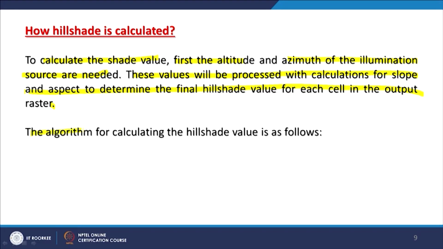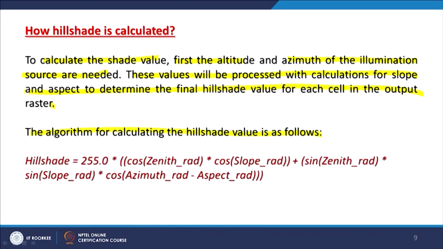And the algorithm for calculating the hillshade value, which we have also touched on a little bit, has 255 here, because we are keeping the range between 0 to 255, and cos zenith radian, that is the angle in radians, we will discuss a little later what that is, and then multiply by cos slope radian, that is the value of the slope degree, and of course the zenith, and the sin zenith with aspect, and then cos azimuth, and all this will be put.